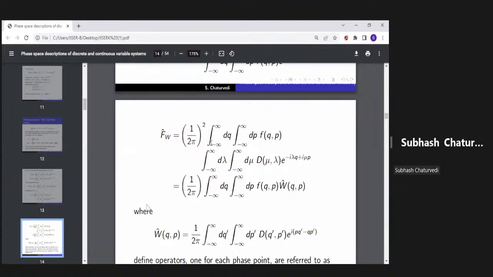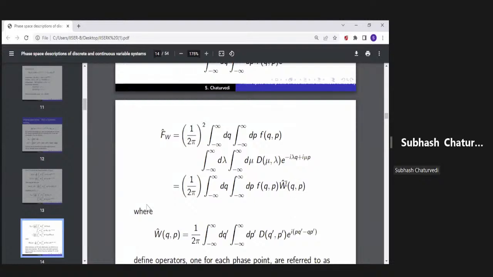This can again be rewritten, and this f hat then can be expressed in this form, which is an integral over the phase space of that given phase space function times this operator, which again we would come back to several times in due course of these lectures, and which is referred to as a phase point operator.